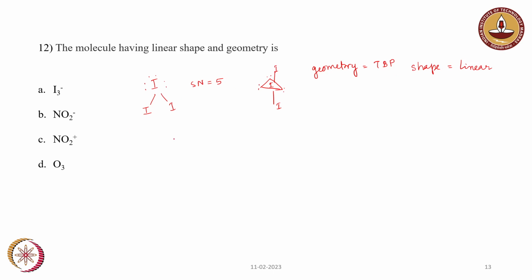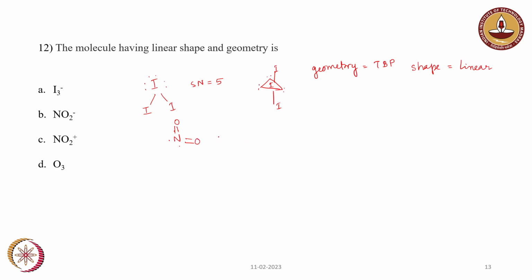And next one is NO2 minus. So nitrogen has five valence electrons. One negative charge is added, so total of 6 valence electrons, and we have two oxygen forming two double bonds.